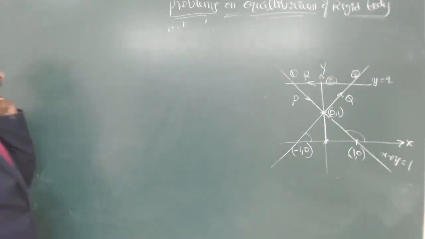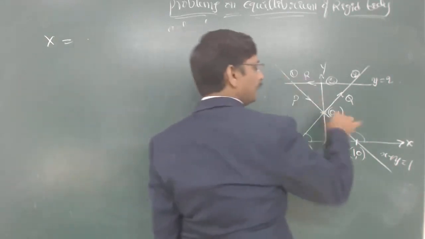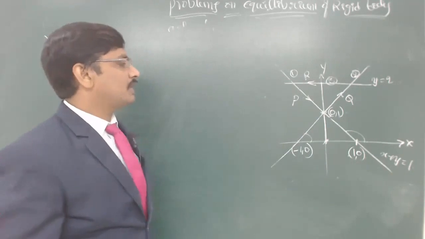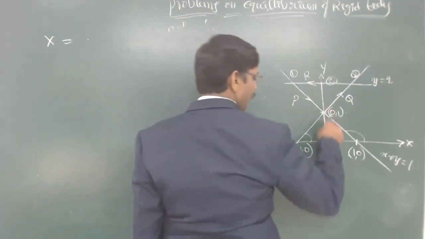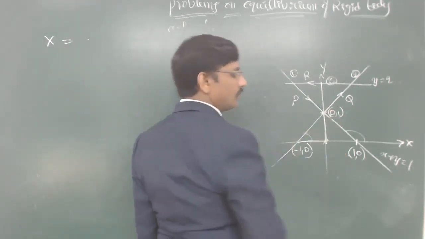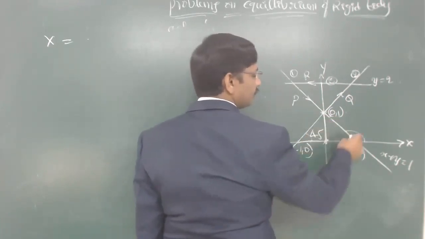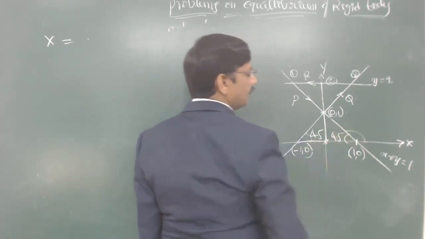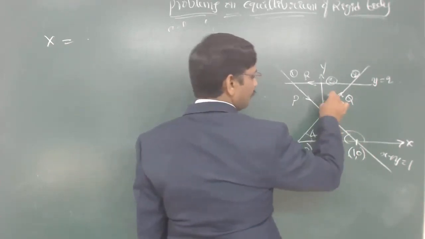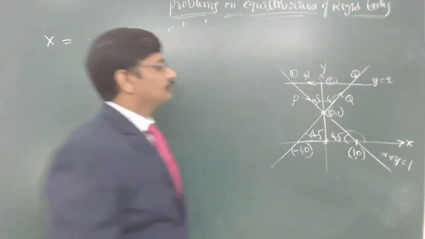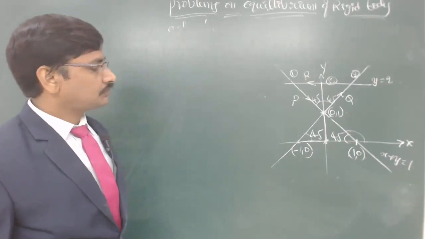Here we can find out the force component along x-axis. This force is acting downwards, which means this is the positive x direction. If you notice, this height is 1 and this length is also 1, so height and length are equal, so this angle is 45 degrees and this is also 45 degrees.